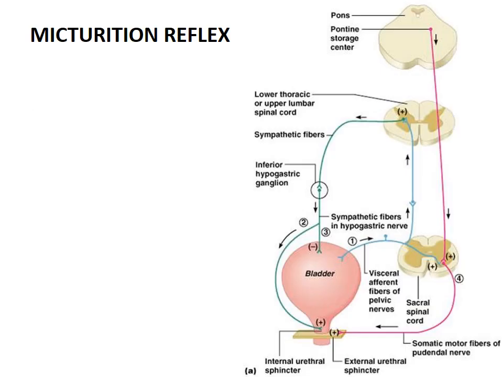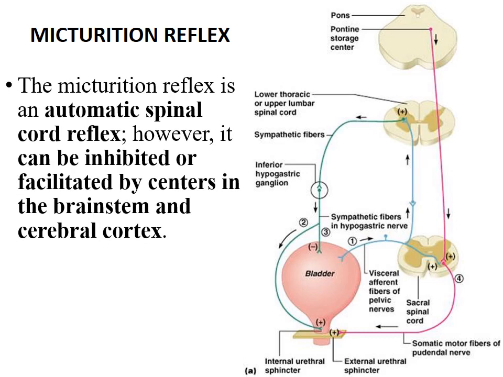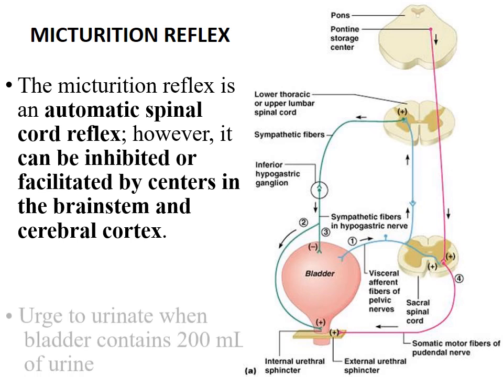The micturition reflex is a very important slide to understand how the process of micturition or urination happens. The micturition reflex is an automatic spinal cord reflex. However, it can be inhibited or facilitated by the centers in the brainstem and cerebral cortex.